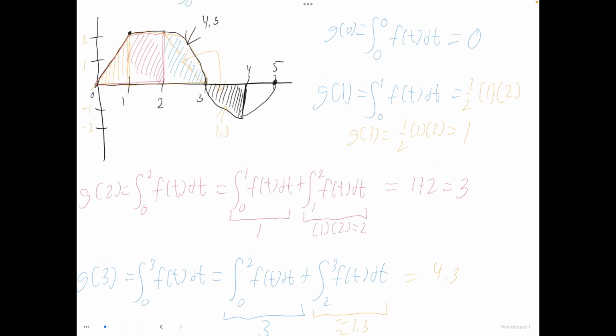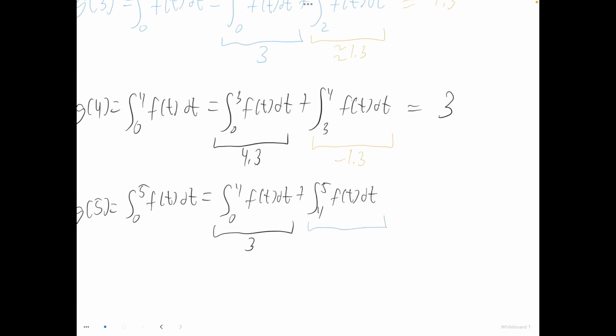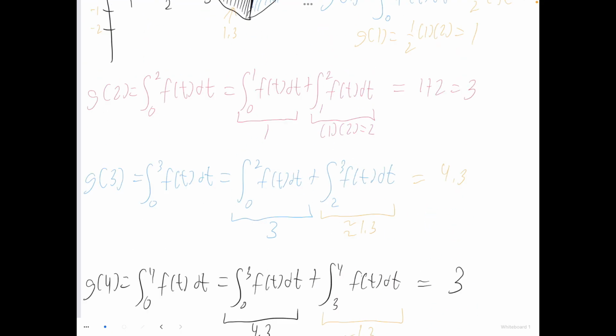So in our picture, that's this piece right here. Notice that's below the x-axis, so we're going to treat it as negative. It's supposed to be symmetric to the piece we just did, so this is supposed to be another negative 1.3. So we should get about 1.7. And so g of 5 is 1.7 then.